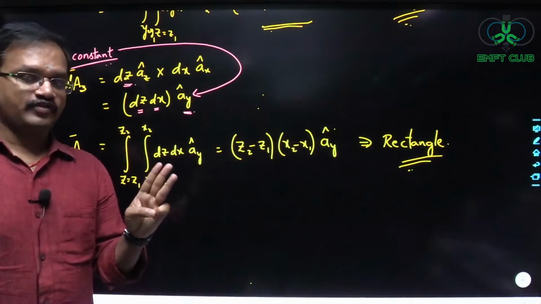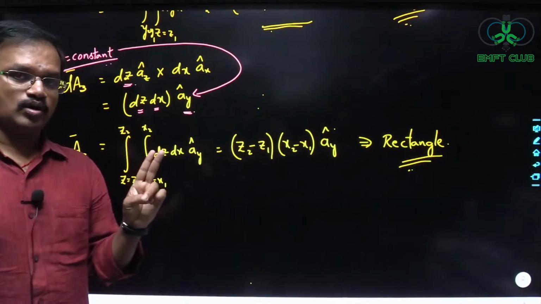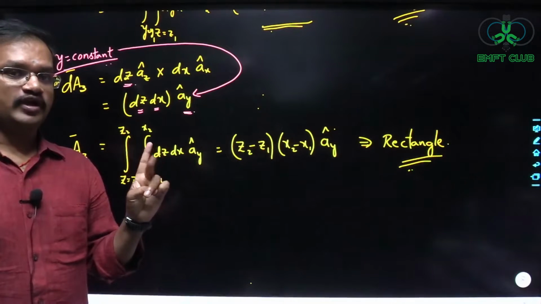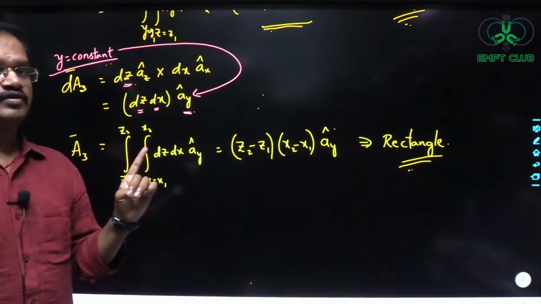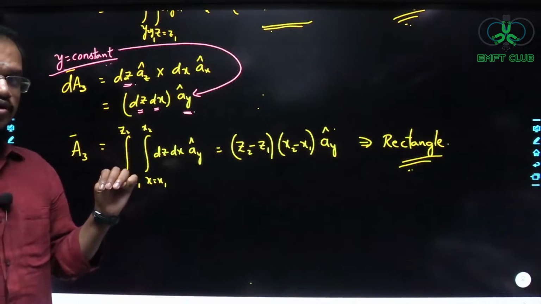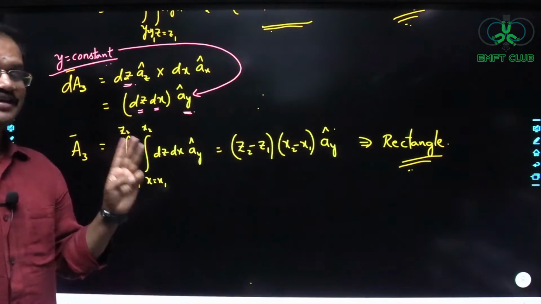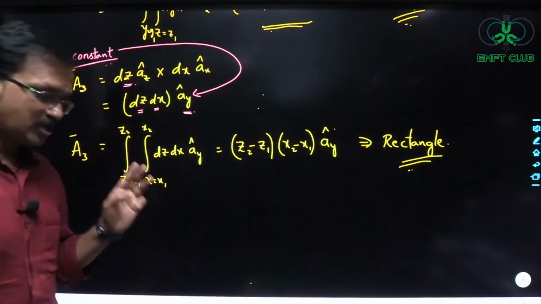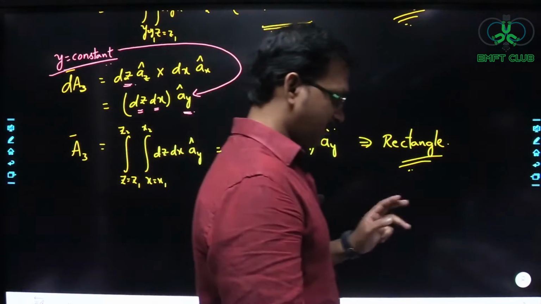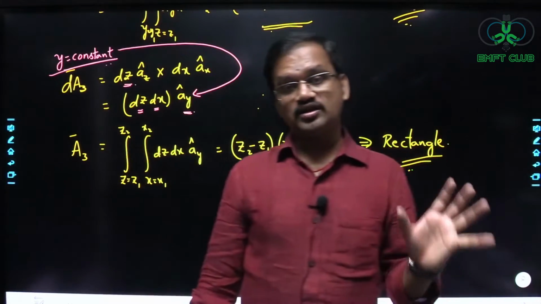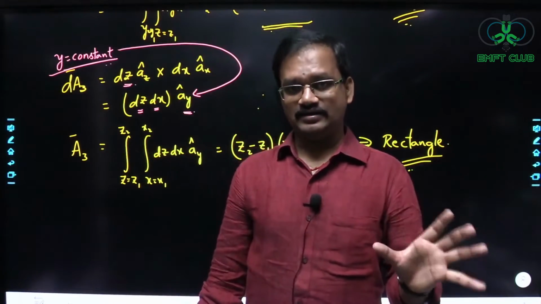So we got three surface areas here. One is the z equal to constant plane, another one is the y equal to constant plane, and another one is the x equal to constant plane. So the shape of all the three surfaces in the rectangular coordinate system is nothing but a rectangle, right?